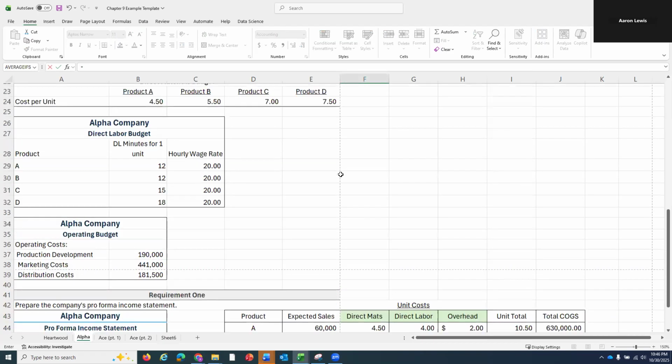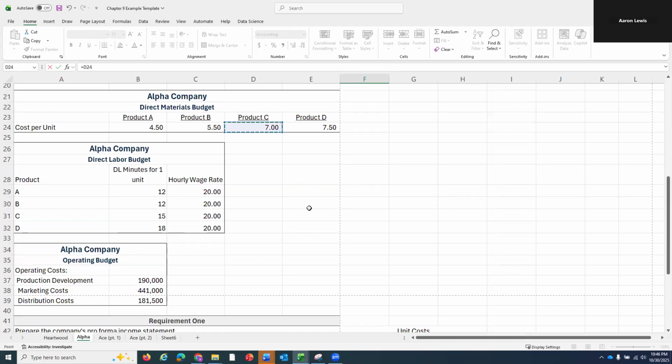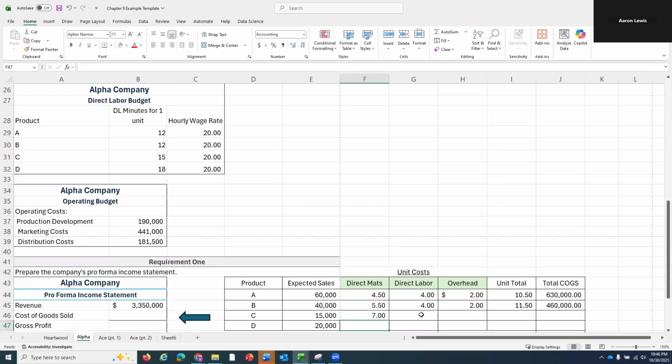Product C costs $7 per unit in materials according to our direct materials budget. As per our labor costs, the hourly rate is still $20 per hour, but this is a little more time consuming to produce. Each unit of product C takes 15 minutes. If there's 60 minutes an hour, basically I'm saying they're earning 15/60ths, or reduce it down to one quarter, of that $20 every time they make a unit of product C, and a quarter of $20 is $5.